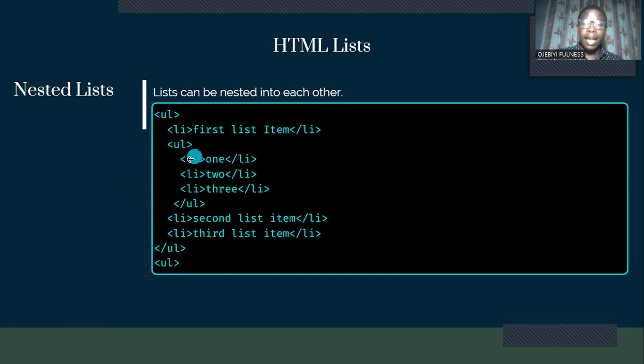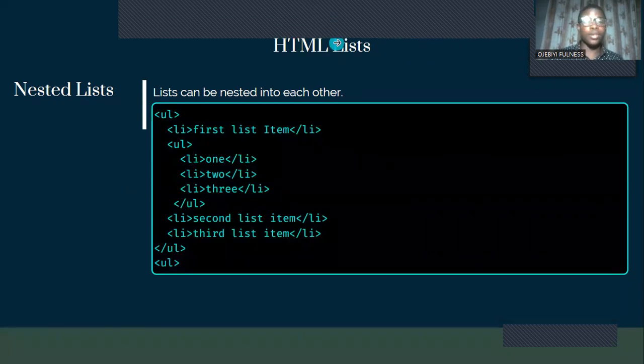So LI is nested into UL, and UL is nested into UL. That's just how it works. The family relationship is a bit complicated, but you just have to go along with it.